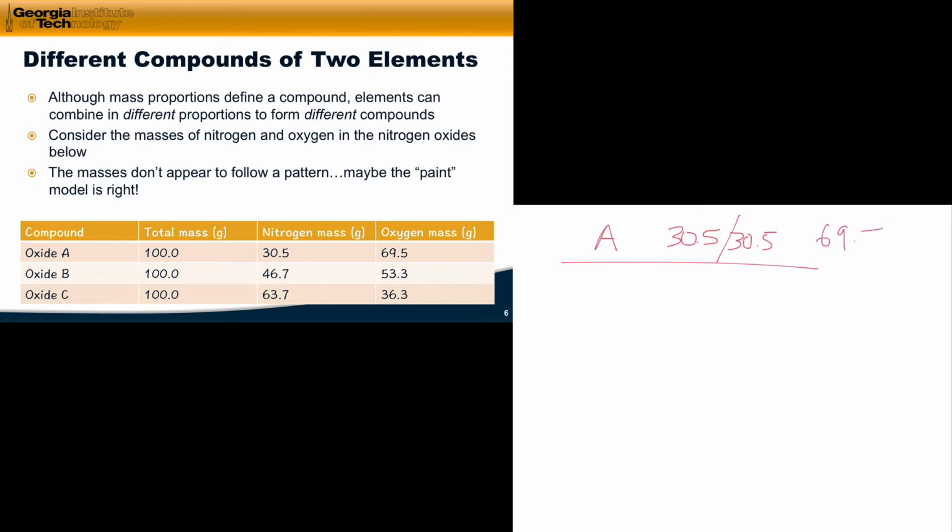And I'm going to take the 69.5 grams of oxygen and divide also by 30.5 to get 1.0 gram of nitrogen in oxide A and a mass of oxygen per this 1 gram of nitrogen. And we'll do that for B and C as well to see if we notice a pattern.